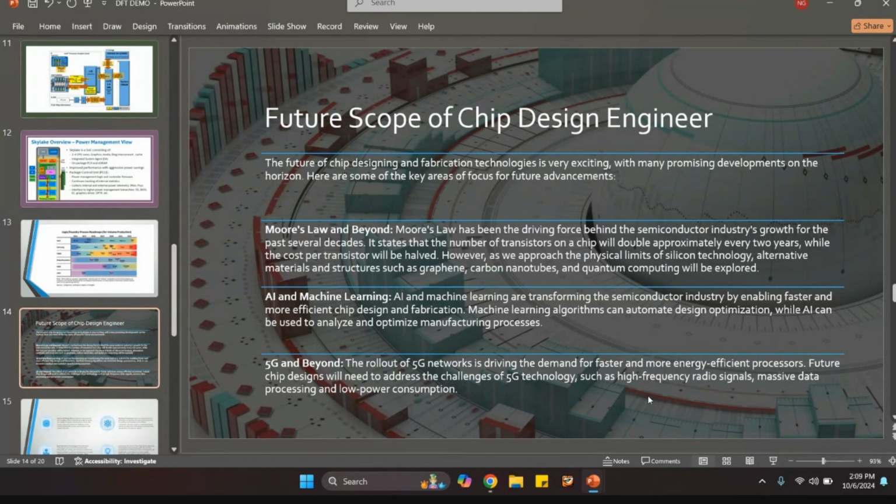EDA tools are going to do it, and your engineers, the semiconductor engineers in every domain, are going to monitor the tools, use the tools to perform the chip designing and manufacturing. Okay, manufacturing has machines, designing has tools. 80% of the work is done by the tools. 80%.